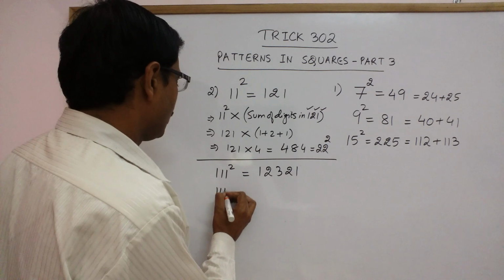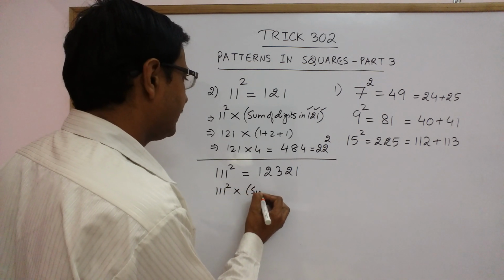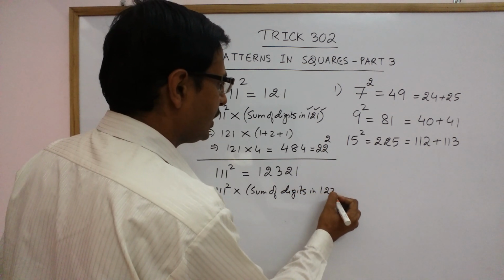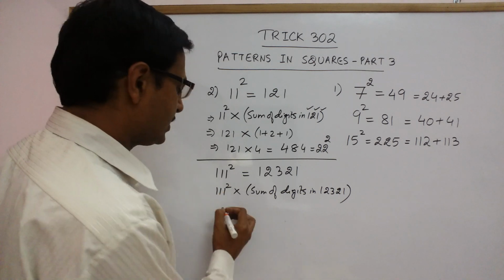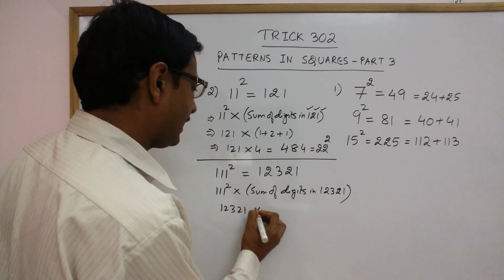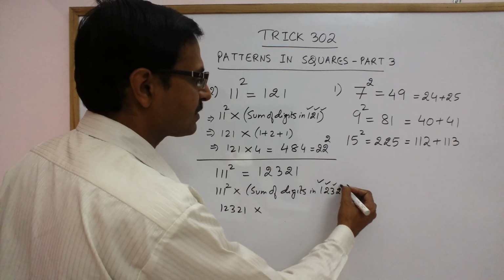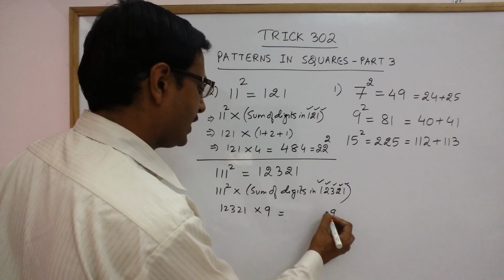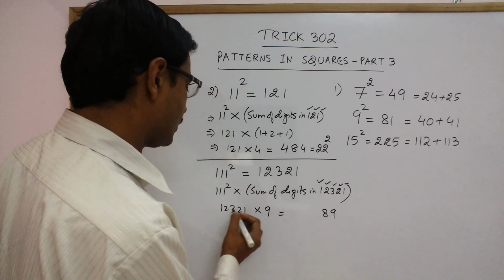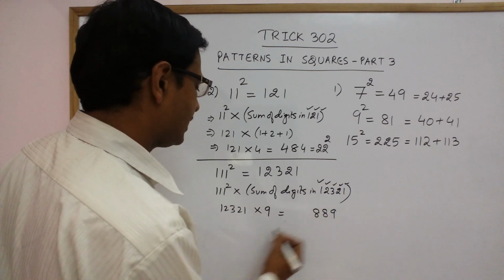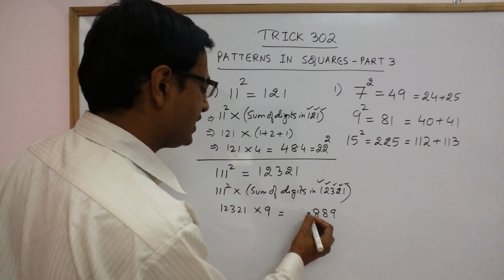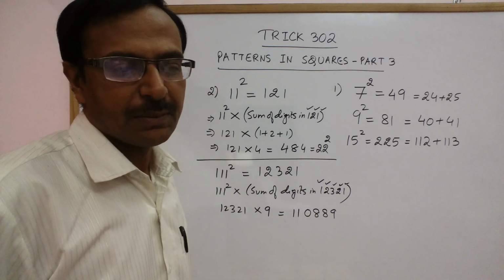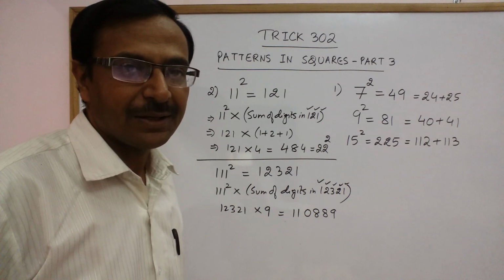So when you multiply this by the sum of digits in 1, 2, 3, 2, 1, which is 1 plus 2 is 3, 3 plus 3 is 6, plus 2 is 8, plus 1 is 9. So you multiply 12321 by 9, and you get 110889.